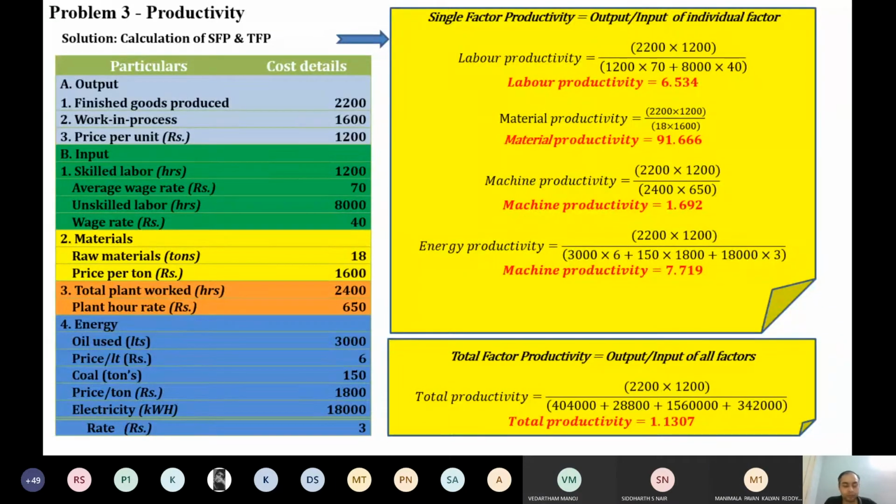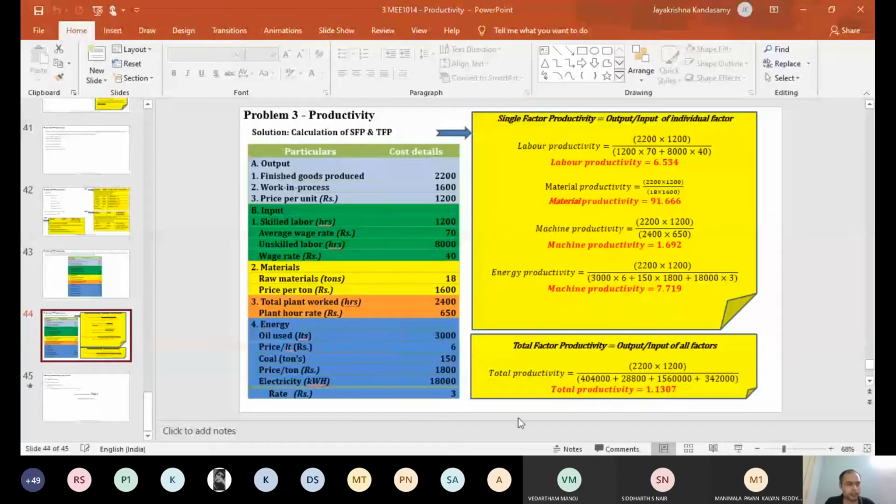With that, we are completing this third module. First module we have completed and third module we have completed. Now let's go to the second module. The second module is called costing.